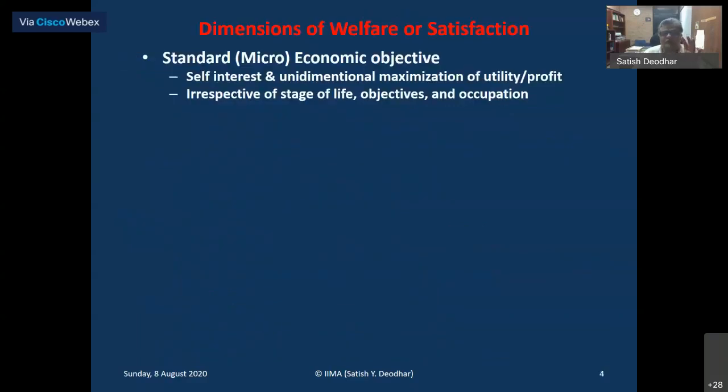Now, the basic fundamental difference between Western thought and the Indian subcontinent was this. When economics developed in the 17th, 18th, 19th century, the standard microeconomic objective was that of self-interest. An individual is governed by self-interest, and he has a unidimensional objective of maximizing utility or satisfaction for himself or herself.